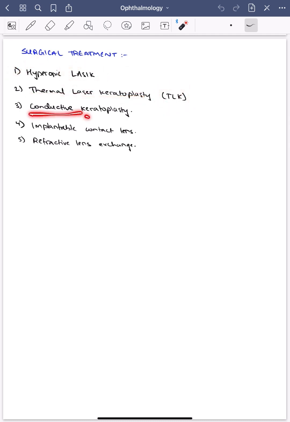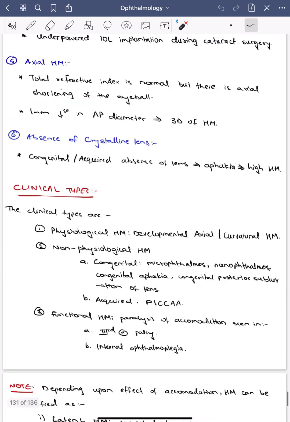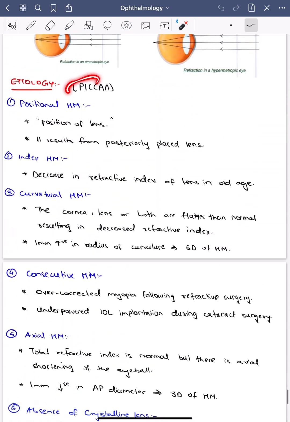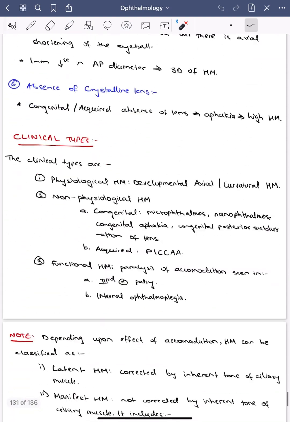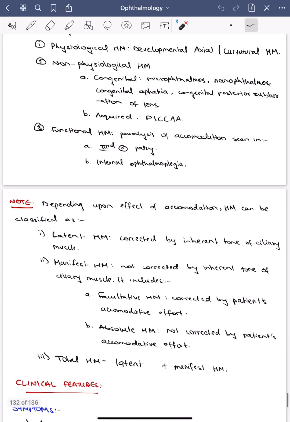Then the signs due to a small eyeball. Then fundus examination showing pseudopapillitis and short silk appearance, and A-scan ultrasonography showing a shorter anteroposterior length. Then the grading, remember, less than 2, 2 to 5, and greater than or equal to 5. Then the complications we discussed and the treatment.